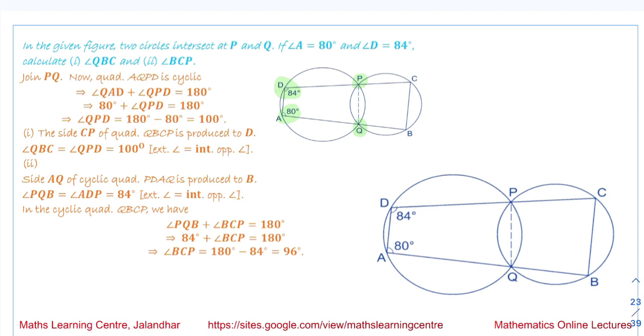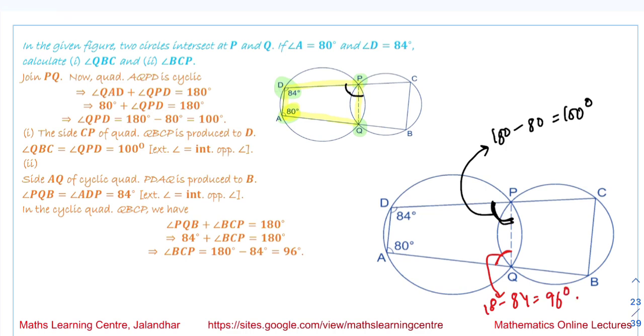We have to calculate the value of angles at B and C. So when we are looking at this quadrilateral AQPD, this is a cyclic quadrilateral, and this angle at A is 80 degrees, then this angle at P, we are calculating over here in the second figure, will be 180 minus 80, that is equal to 100 degrees, and this angle at Q will be 180 minus 84, that is equal to 96 degrees.